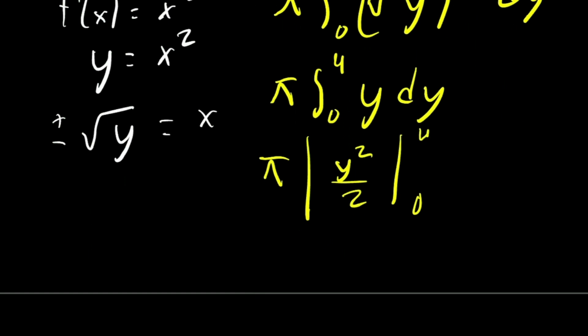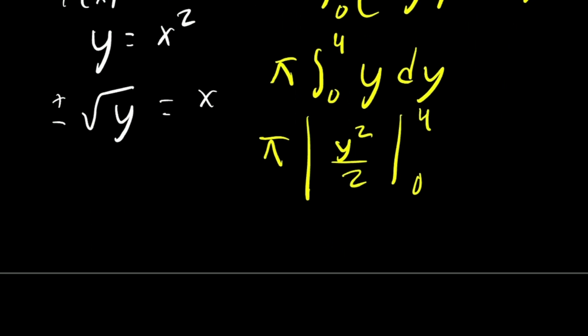From 0 to 4, we plug in our bounds, we get 16 divided by 2, which gives us 8 pi.